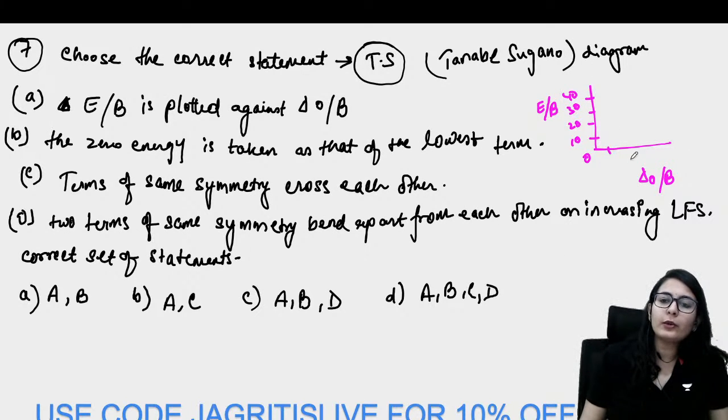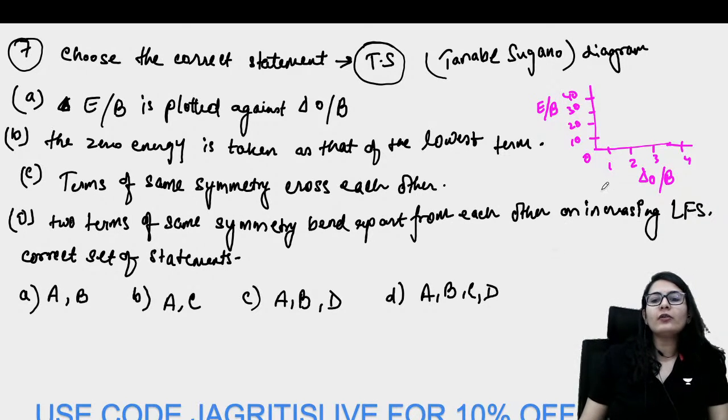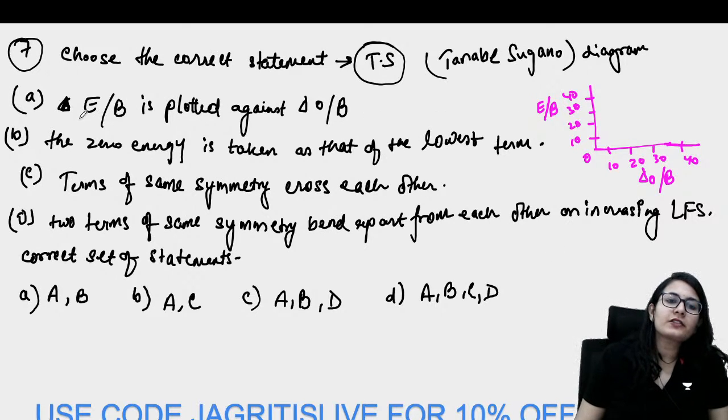Depending on the scale, sometimes you get the intersystem crossing at 26, 28, 29 like that. So this point is correct. Zero energy is taken as that of the lowest term.